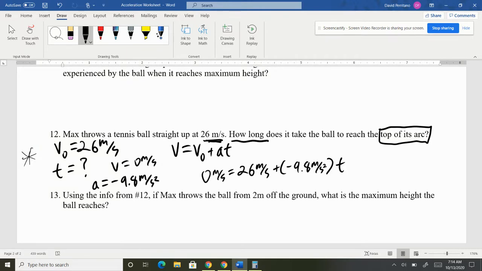To move it over, we would subtract 26 from both sides. And that, this is going to get a little messy, would lead over here. Negative 26 meters per second equals negative 9.8 meters per second squared times time. Hopefully it's obvious to you that to get time by itself, we're going to have to divide because these two things are being multiplied. So we divide by negative 9.8 meters per second squared.